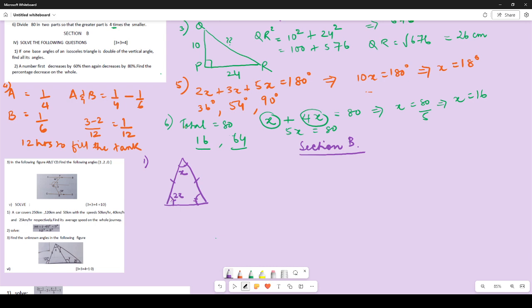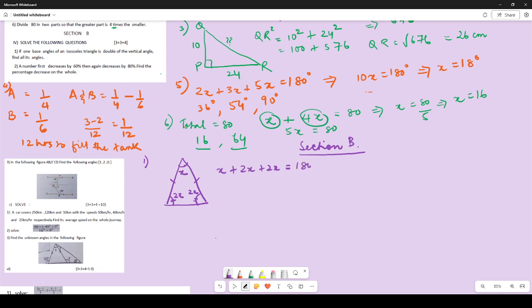One of the base angles is double the vertical angle. So if vertical angle is x, the base angle becomes 2x. And not to forget, the other base angle will also become 2x because they are equal. So now what you have is x plus 2x plus 2x is equal to how much?